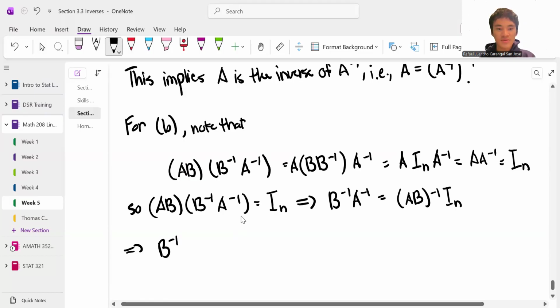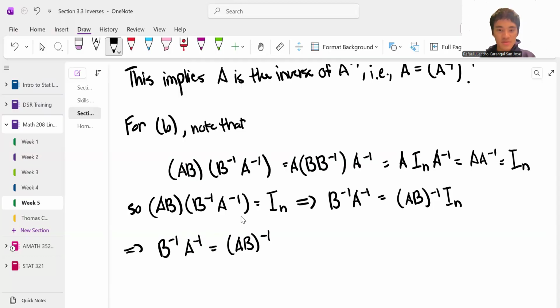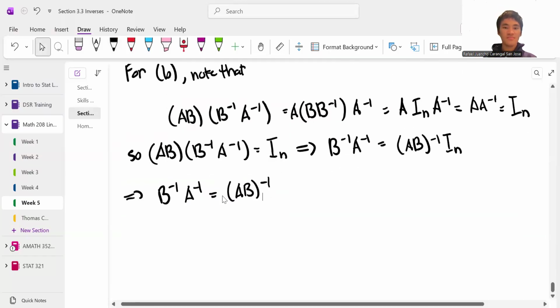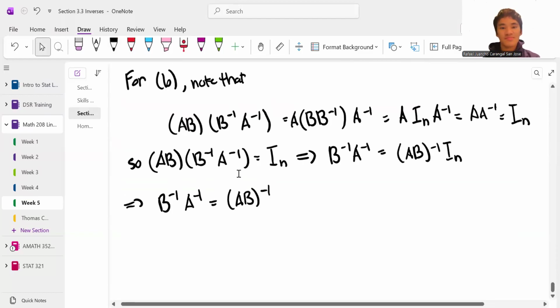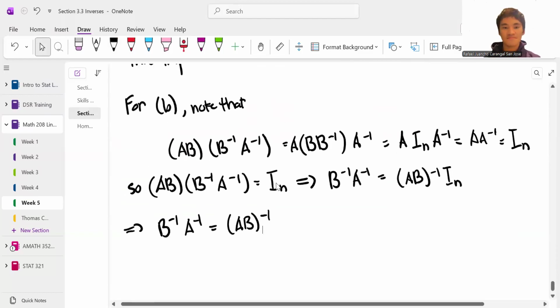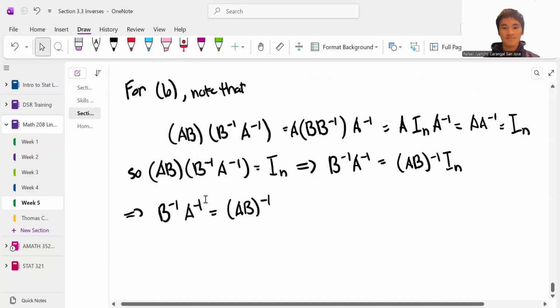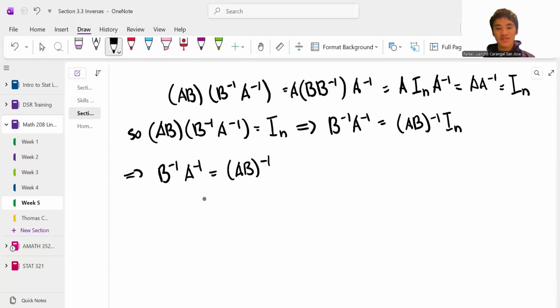And so that's just going to be B inverse A inverse is the product AB inverse. Okay, that is really cool, right? I wouldn't have seen that. So that's how that works.